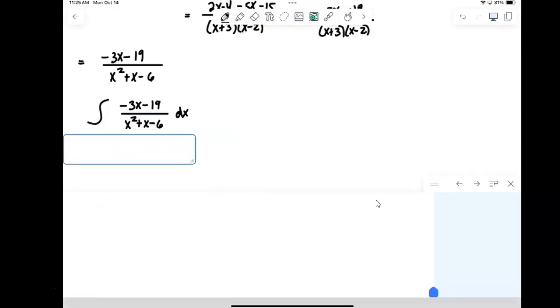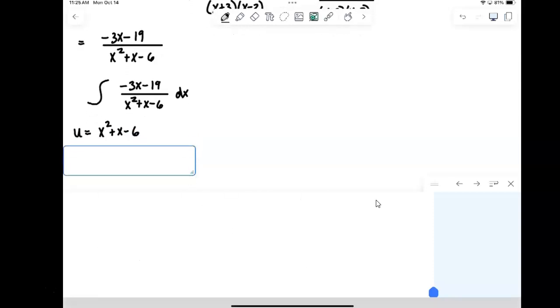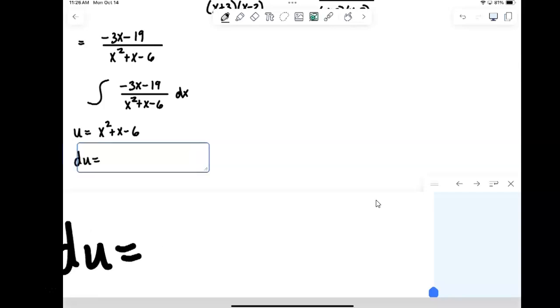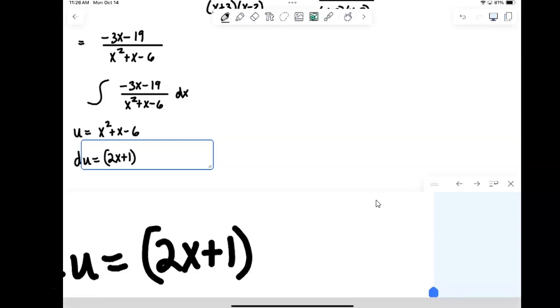So the natural starting point here would be to try letting u be the denominator. And du would call for us to have 2x plus 1 dx.